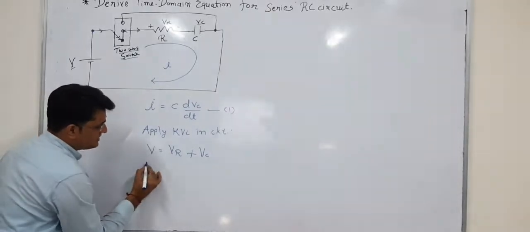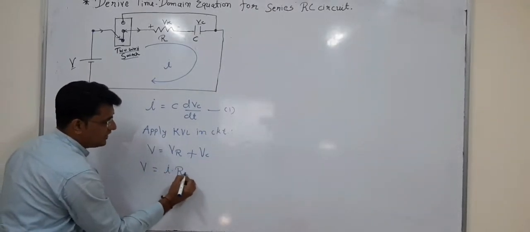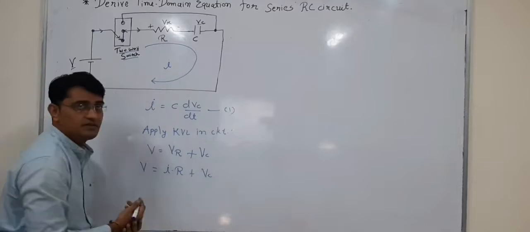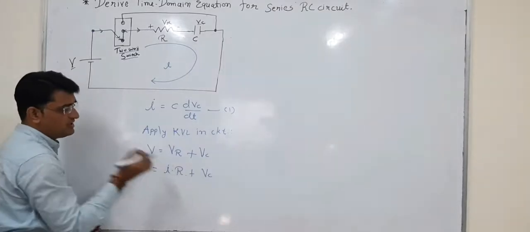Here V equals VR plus VC, where VR equals I into R.